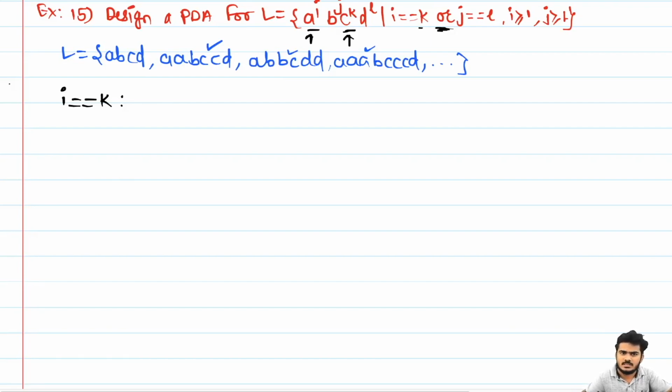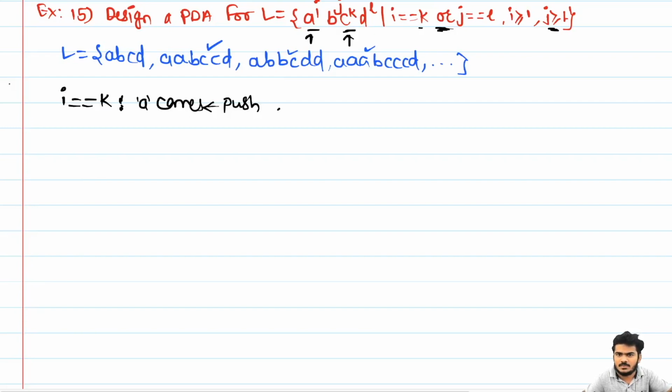So for this the logic is like this: whenever a comes, we have to push that a into the stack. Okay, after that we will get b's, and that b should be at least 1 because j is greater than or equal to 1.